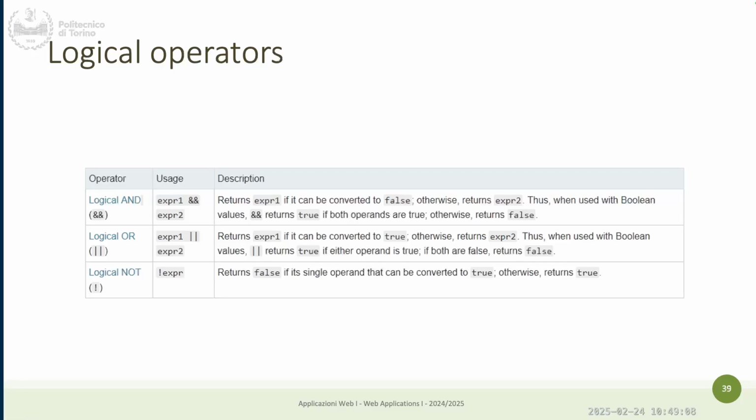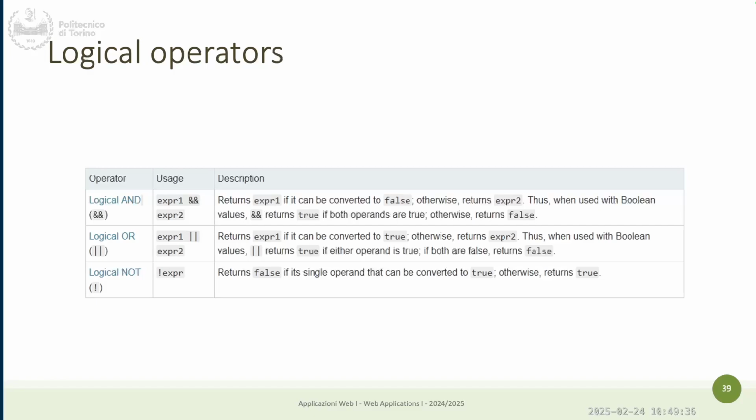So this means that it's a shortcut for: if expression 1 is false, then false. Or maybe if expression 1 is undefined, then return undefined. Or if expression 1 is true, then return expression 2, whatever the type expression 2 has.